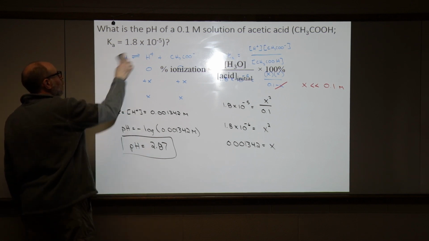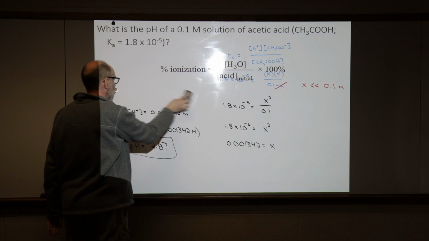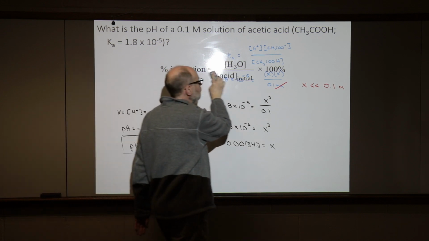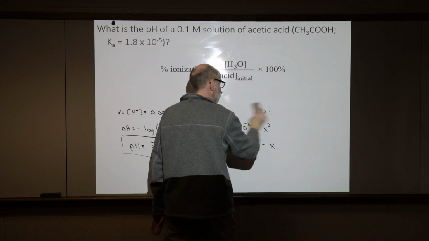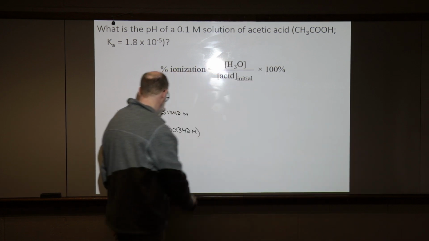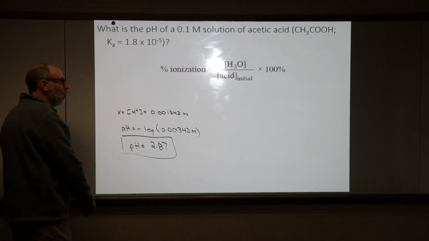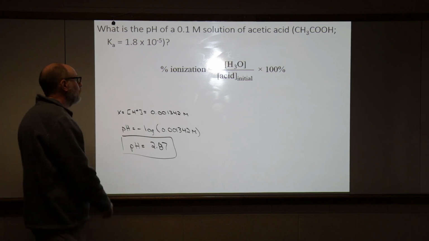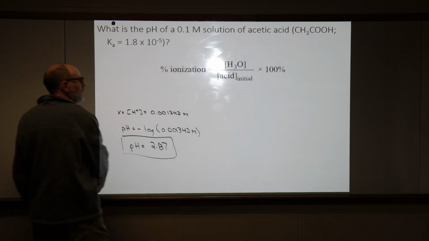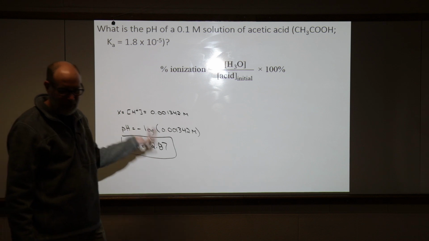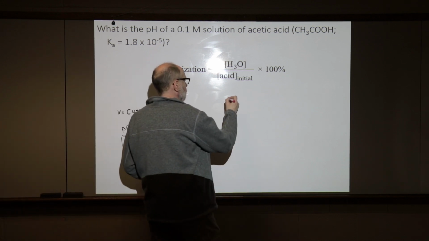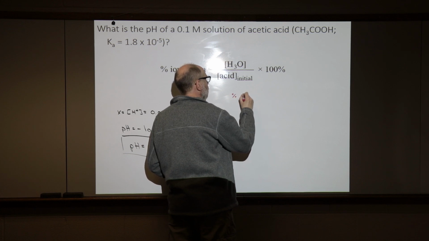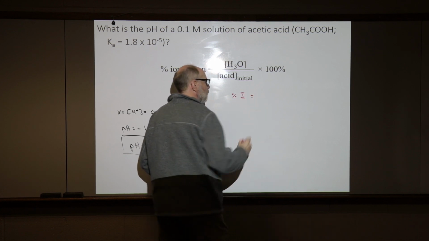Let me erase what I can erase here and leave some of the other stuff. All right, so if we want to determine what the percent ionization would be for the acetic acid in this problem, I'm going to call it percent I. Why?